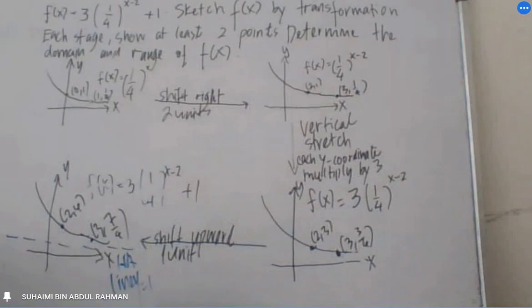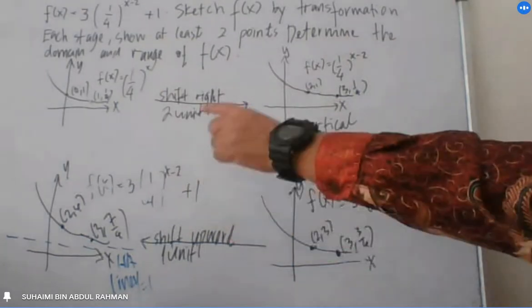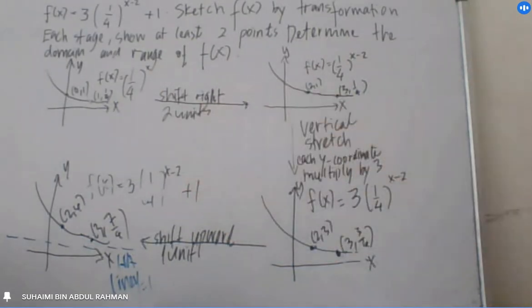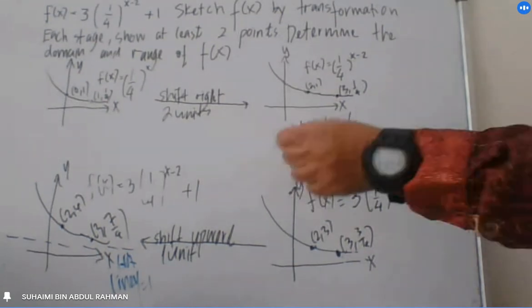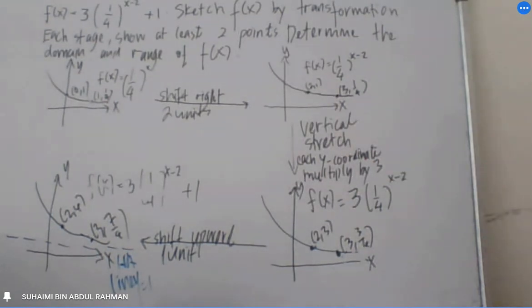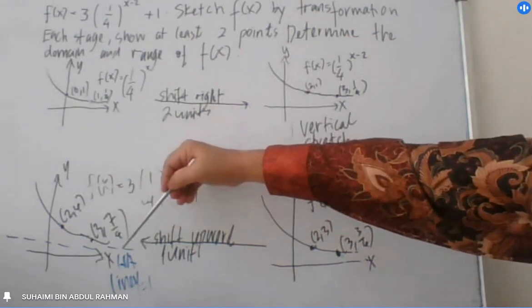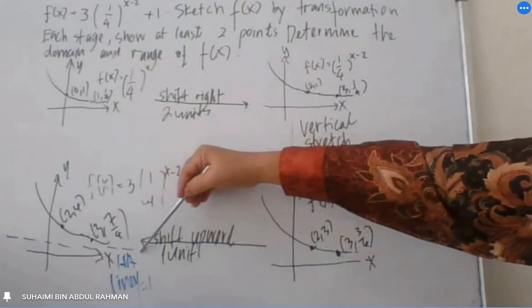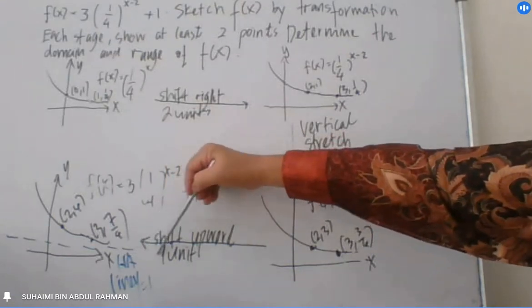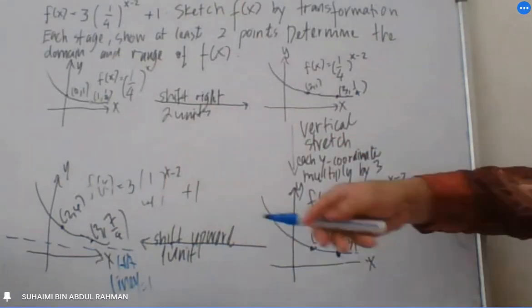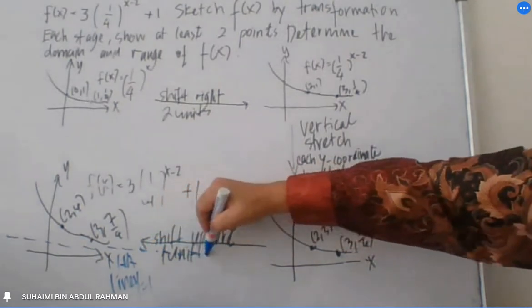To sketch, you put the value of X and find the value of Y. You will get that our graph, if we sketch more, will not pass this. It just approaches, but does not pass.